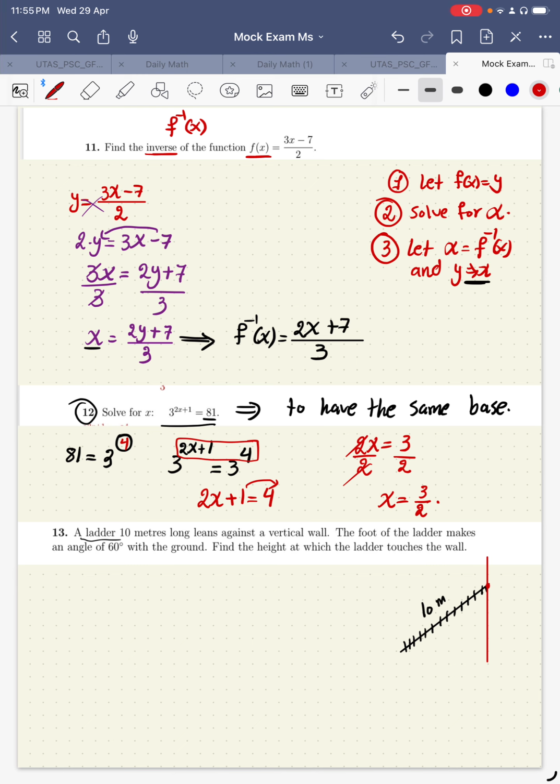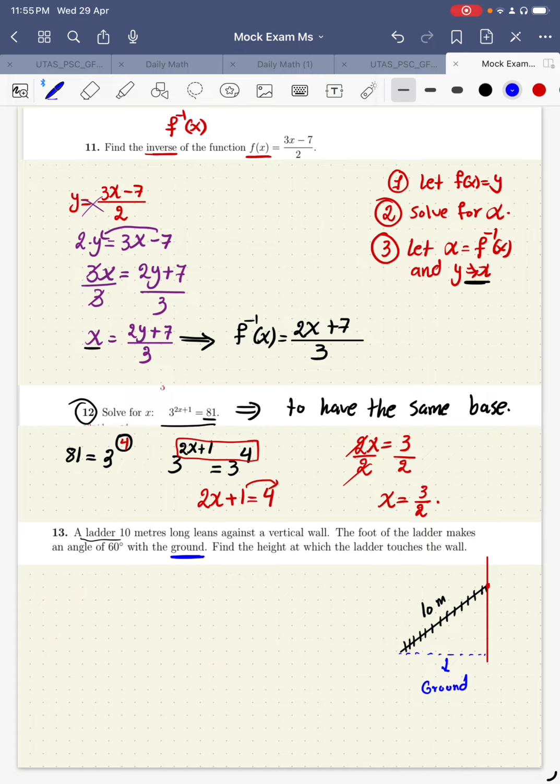What they want me to do here, sorry, let's continue. The foot of the ladder makes an angle of 60 degree with the ground. What we mean by the word ground, it means the floor. This one, right? So this one is ground.